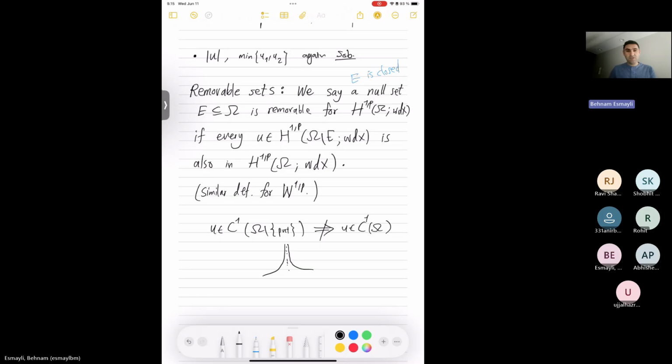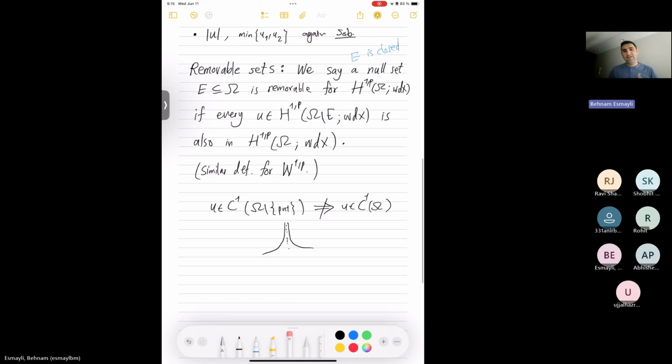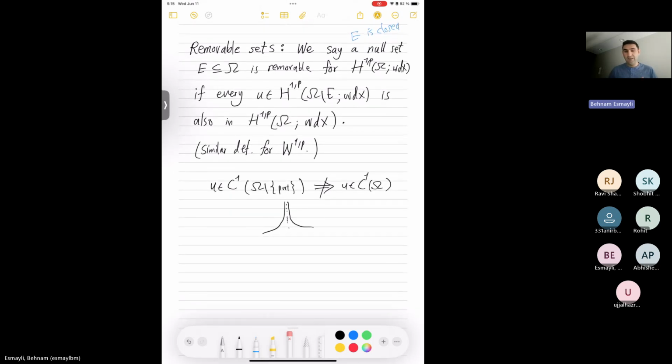But interestingly, for Sobolev functions, it ends up being true that if you are Sobolev outside 1 point, then you are Sobolev on all of your domain. So this question is quite tricky, and again, for continuous functions, even this is not true, as the same picture shows. This is truly an analysis phenomenon. So there is no analog of this phenomenon in calculus.